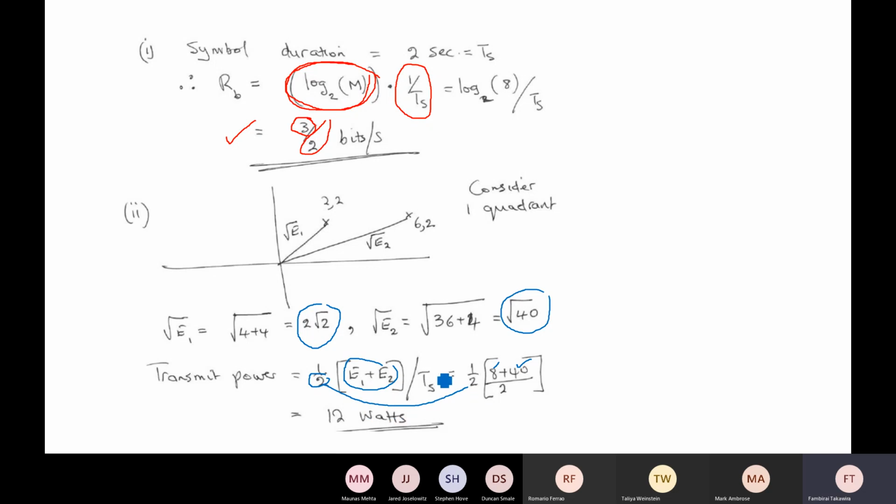And the TS, which is the symbol duration, is essentially 2. So we would have an average transmit power of 48 divided by 4, which is 12 watts. So that is the average power that that constellation would entail.